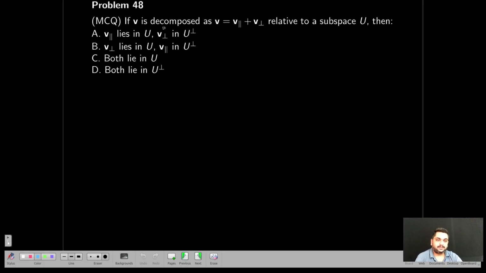If V is decomposed as V parallel plus V orthogonal, okay? Parallel means the angle between them is 0. You can imagine it like that. Orthogonal means the angle between them is 90 degrees. Related to a subspace U, then what are the conditions? V parallel lies in U and V perpendicular lies in the orthogonal complement.